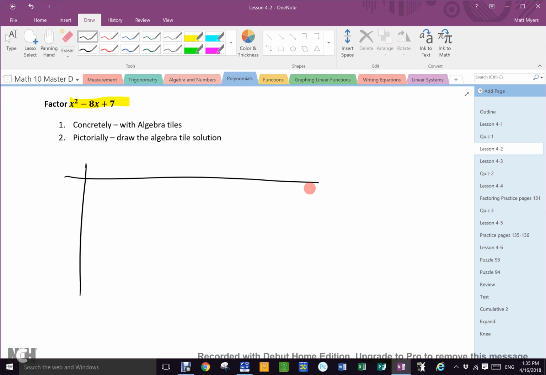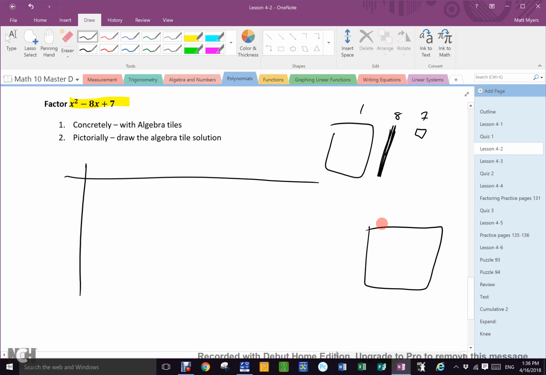Everyone agrees? I would need one of these big guys, 8 of these negative guys, and 7 of these positive guys. Everybody cool with that? And when we use the rectangle method of multiplying from area, we know that this drawing in here has to make a rectangle, right? Everybody's with me?